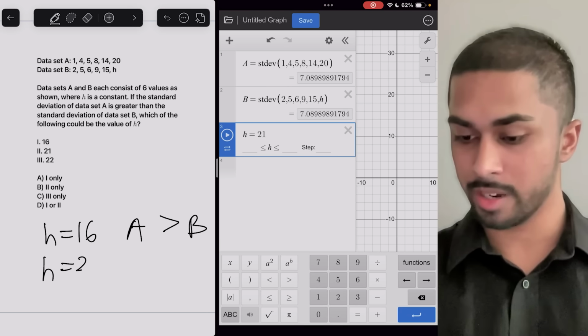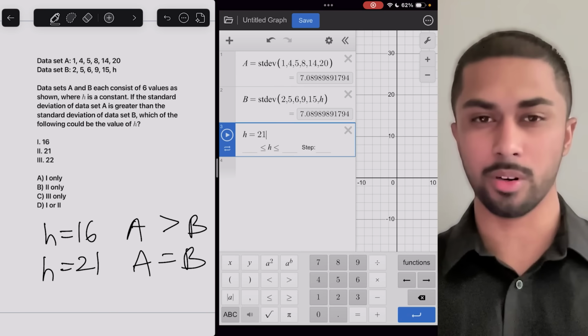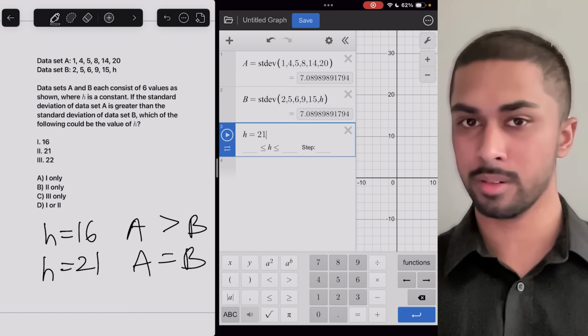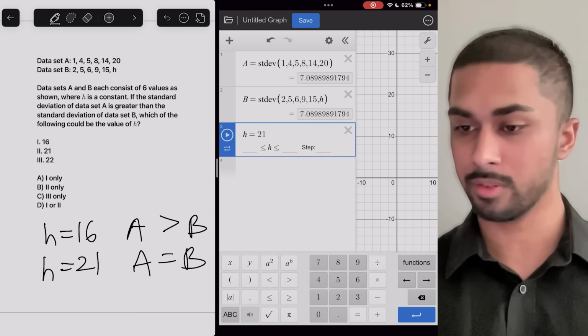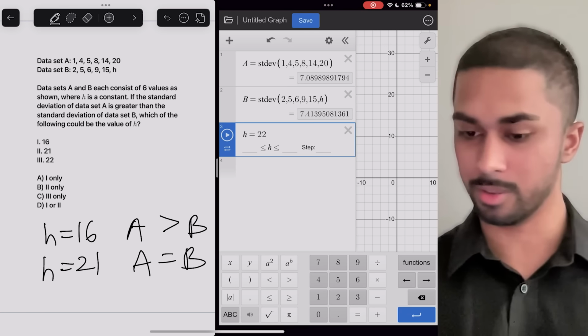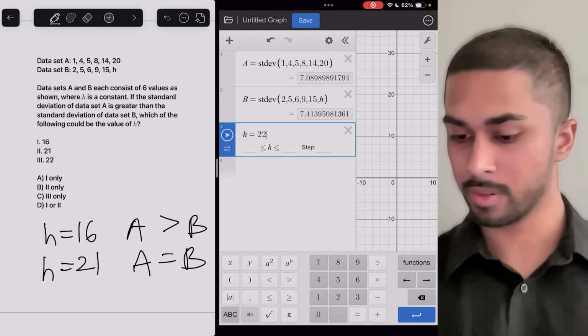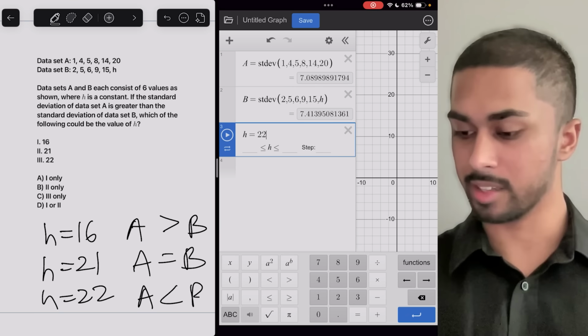By the way, if you don't know what standard deviation means, it means how far spread apart the data is from the mean. That's like a quick little definition. So you can even eyeball this stuff. But I'm going to show you the way to do it on Desmos right now. 22, that means that A is less than B.